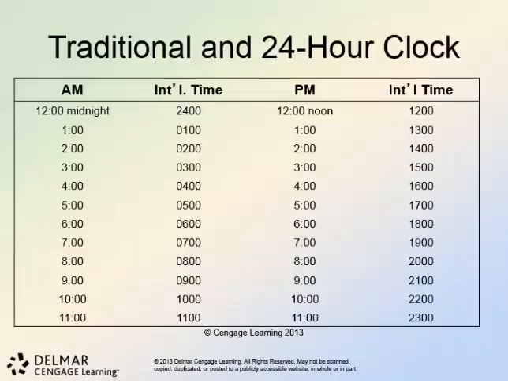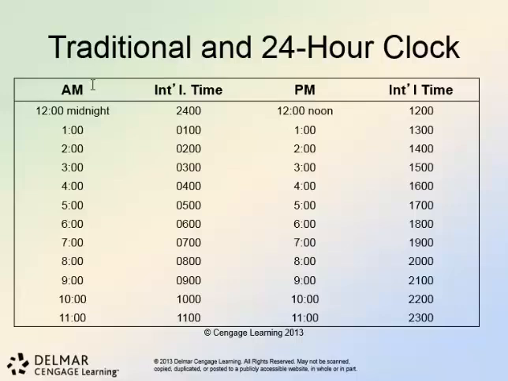Another way to see the similarities or differences between the traditional time and the 24-hour clock or international time is with this chart. It's basically indicating the same information we had in the clock, except in a chart or table format.